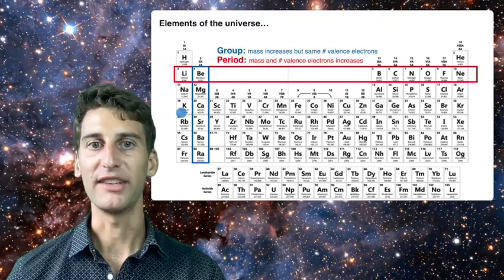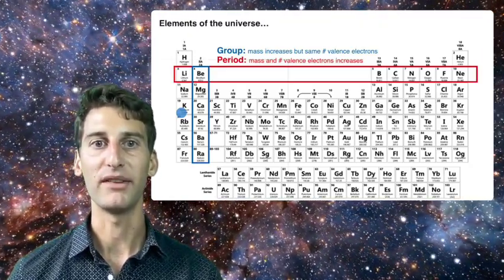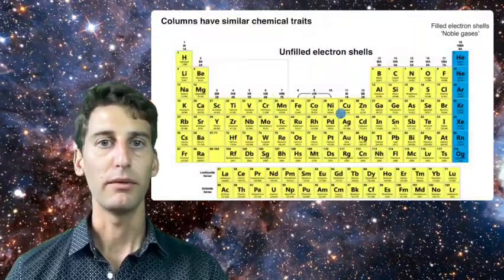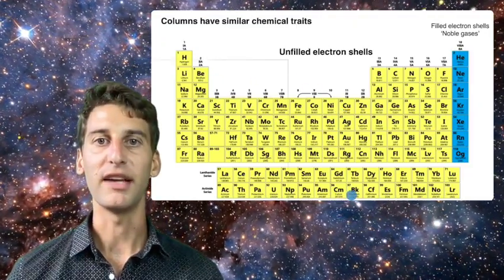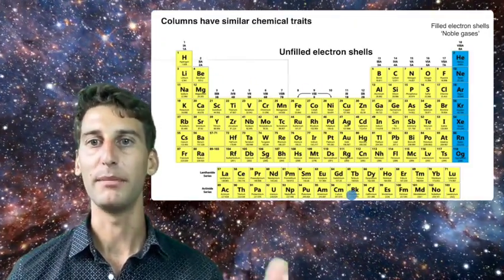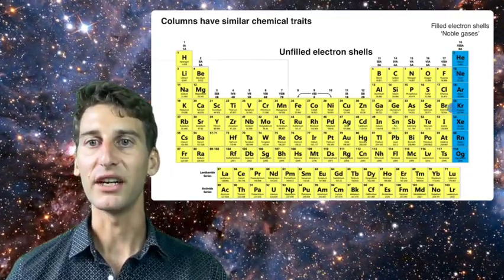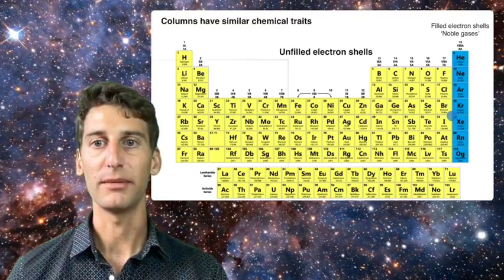Returning to the periodic table, we can go through a couple of examples of how we can predict the type of chemical bonds that form based on where elements fall on the periodic table. First, we colored this into 2 groups. We have yellow here. All of these elements have unfilled electron shells and will participate in bonding to some degree. But in blue, you have these gases called the noble gases: helium, neon, argon, krypton, xenon.